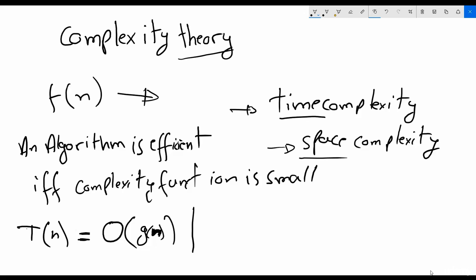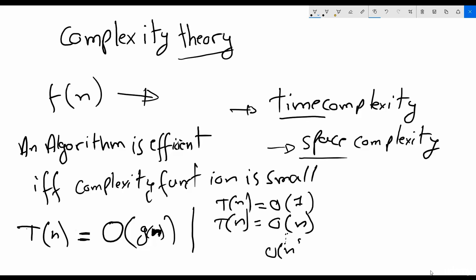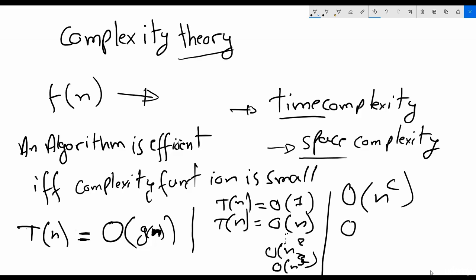For example, we can find complexities such as order 1. 1 is a polynomial. The O stands for order. So we can find complexities such as order n, order n squared, order n cubed, and order n times any constant. We can find complexities such as order n times log n.